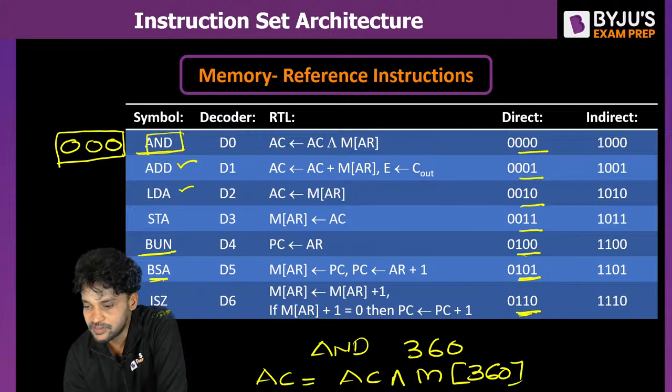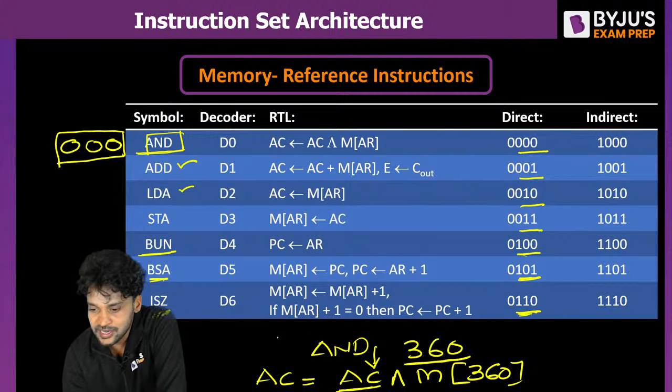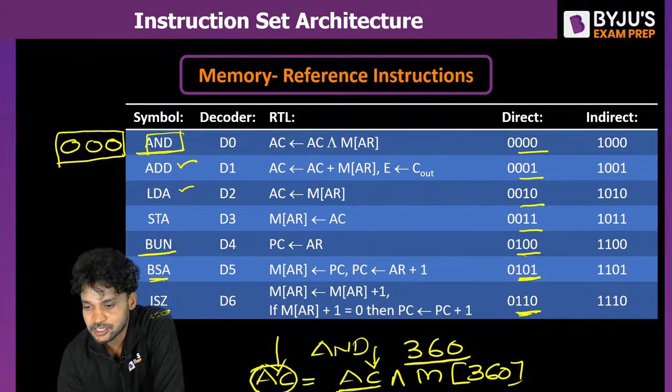We get the operand from memory location 360, it is ANDed with the contents of the accumulator, and finally it gets transferred to the accumulator. So the implicit operand and the destination operand for all the instructions will always be the accumulator.